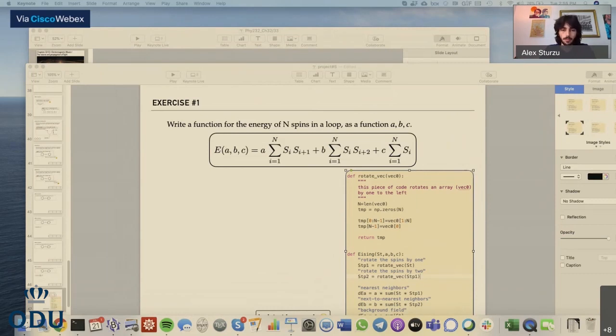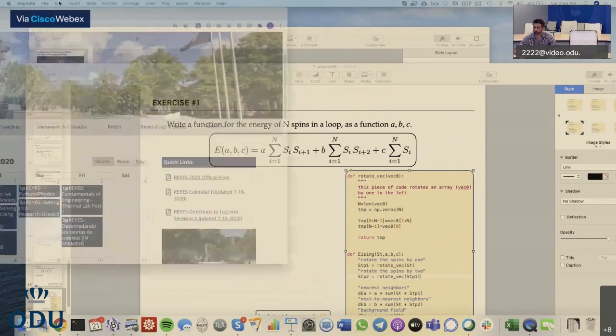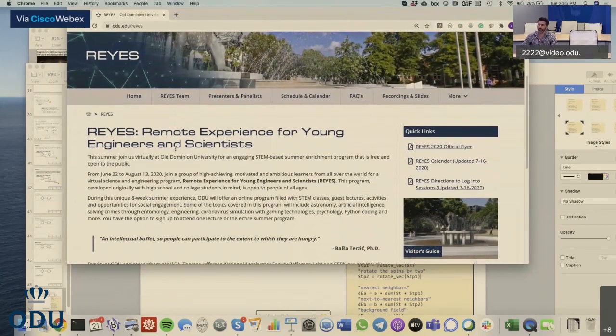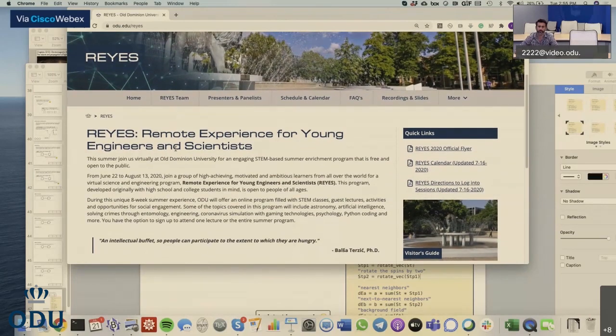So, yeah, we're trying to make this material available for everybody indefinitely. We know that some of you have become increasingly busy over the summer, and many of you couldn't join us in the live sessions in the past, and you're just catching up now.